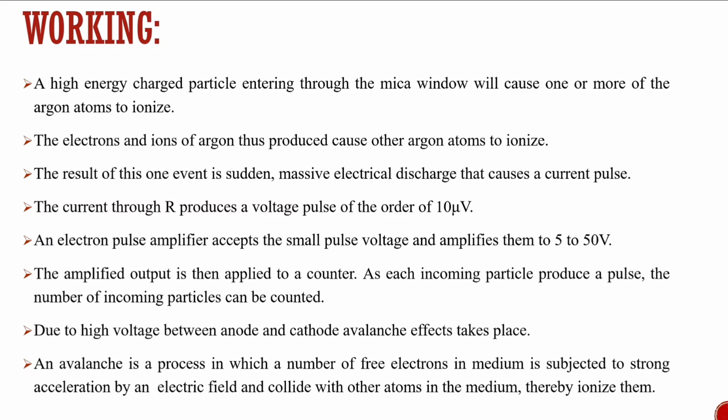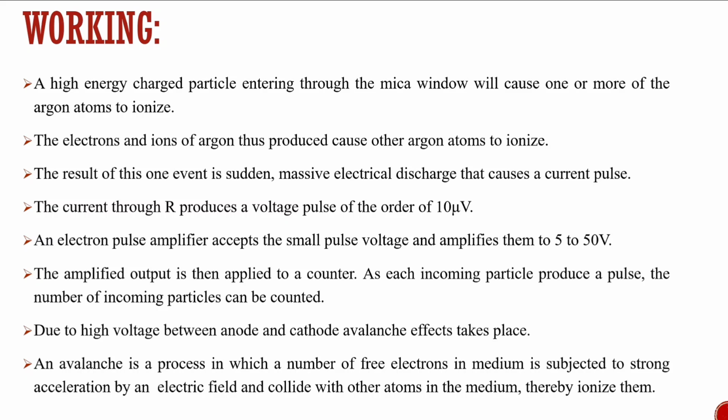The current through R produces a voltage pulse of the order of 10 microvolt. An electronic pulse amplifier accepts the small pulse voltage and amplifies it to 5 to 50 volt. The amplified output is then fed to a counter, as each incoming particle produces a pulse. The number of incoming particles can be counted.